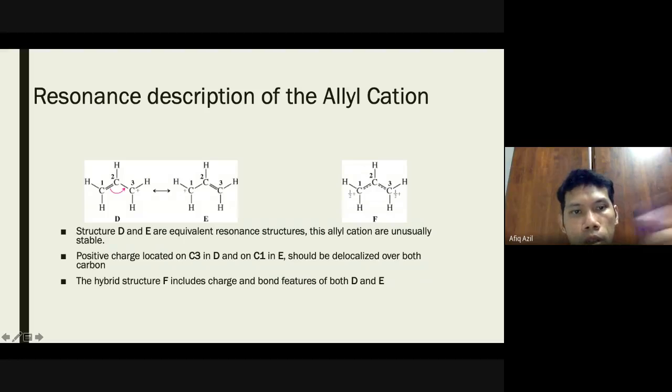So the movement of electrons in terms of allyl cation. Unlike the free radicals, carbon number 3 also will be sharing with carbon number 2 just now, right?